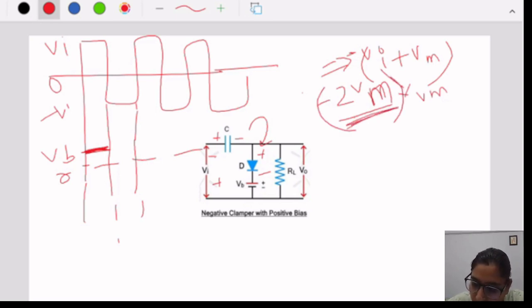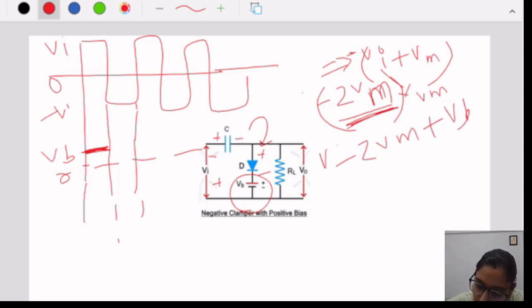This 2 Vm makes the diode work in reverse bias, but this VB is not negative. The polarity of VB is not changed, because it is the biasing battery. It will always work as a positive bias. So the output we will get is minus 2 Vm plus VB.